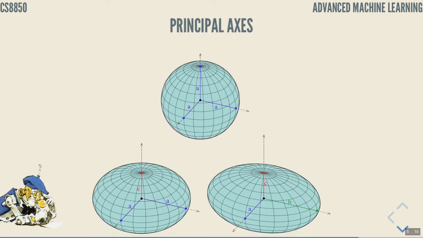So an ellipsoid has principal axes. For a sphere, any orthogonal basis forms those principal axes, but for a geoid, or kind of squished sphere, we already have pre-selected axes.